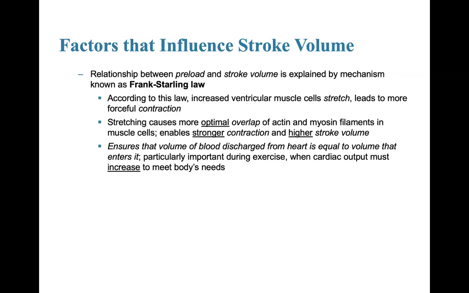This enables stronger contraction and a higher stroke volume. This ensures that the volume of blood discharged from the heart is equal to the volume that enters it, particularly important during exercise when cardiac output must increase in order to meet the body's needs.